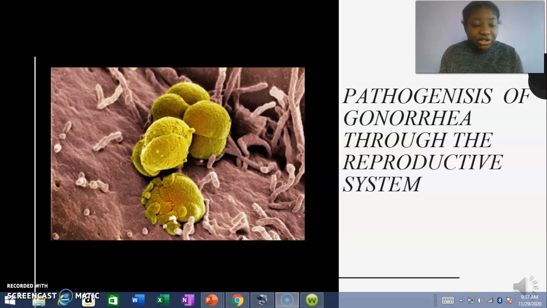When it enters, it can enter the anus, the vagina, the mouth, any of the sort. When it enters these structures, it then attaches itself. But we're going to talk about the vagina because this is a part of the female reproductive system. So it attaches itself to the walls of the vagina and within the cervix.